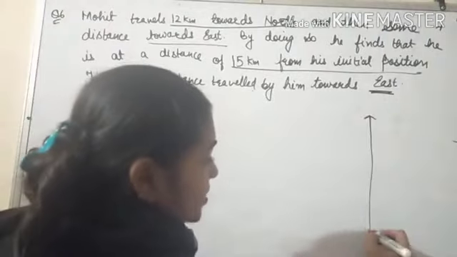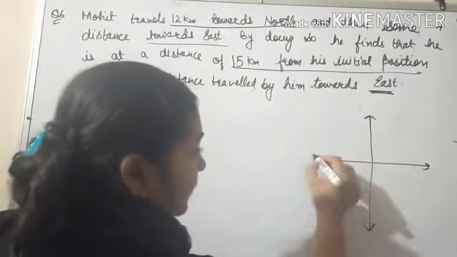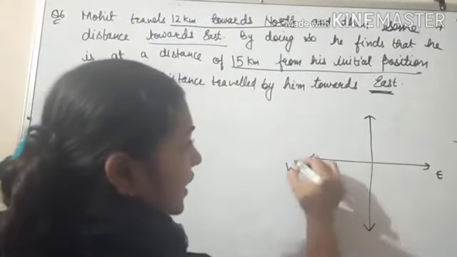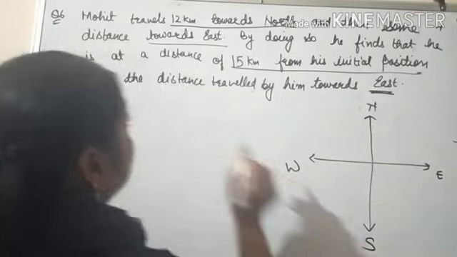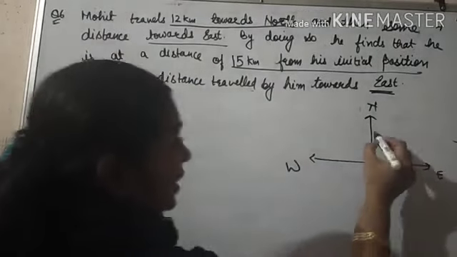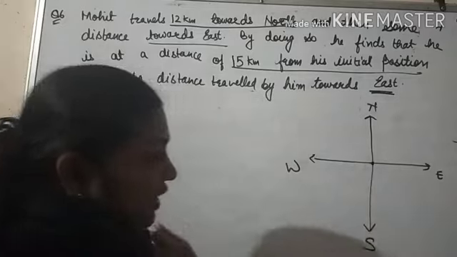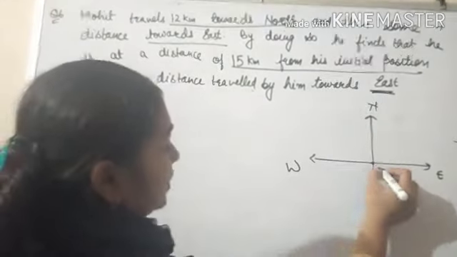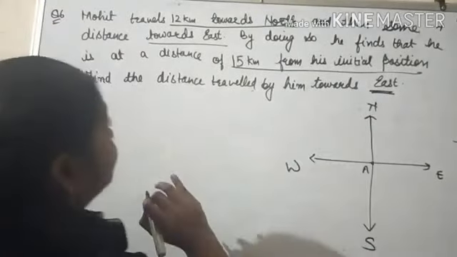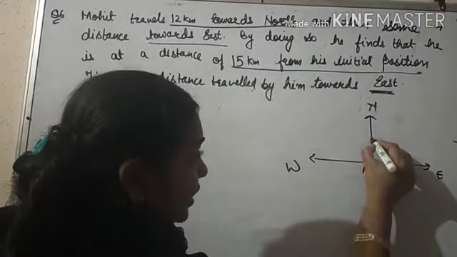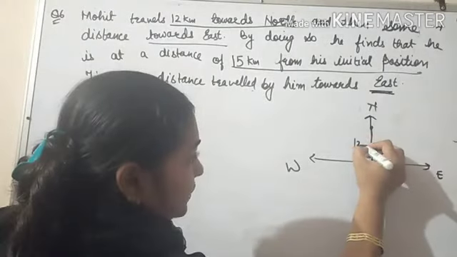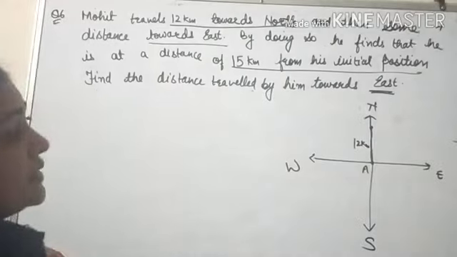Let us make a direction map. East, west, north, south. Now Mohit travels 12 kilometers. Suppose this is the initial position of Mohit. Let it be A. He moves 12 kilometers towards north.